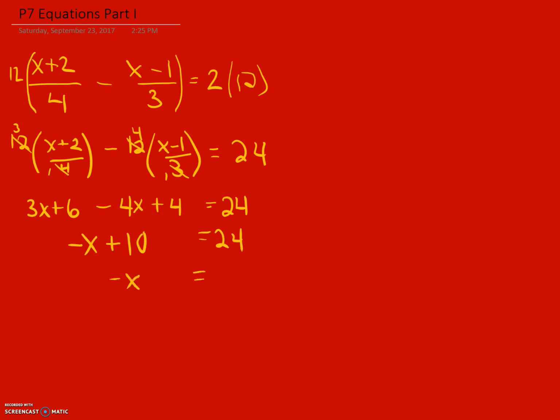Negative x, and you should be able to see the steps that are actually happening here after I write this. We know x is going to be equal to negative 14 if we divide by negative 1. So you're going to have to work with some that don't have common denominators, and that just means we want to multiply by the least common denominator.